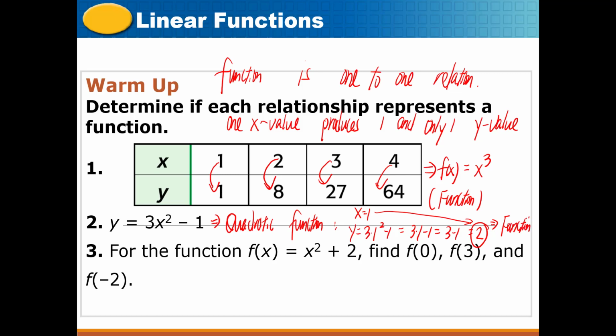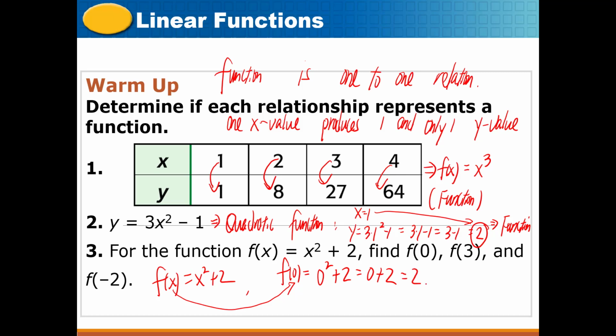The third one is f of x equals x squared plus 2. Here we want to find f of 0. Replacing x with 0, you get 0 squared plus 2, which is 0 plus 2, which is 2.